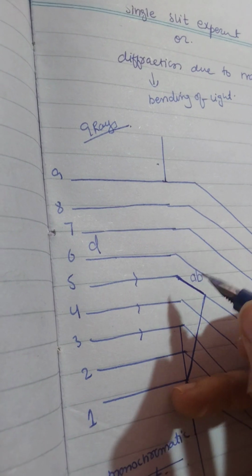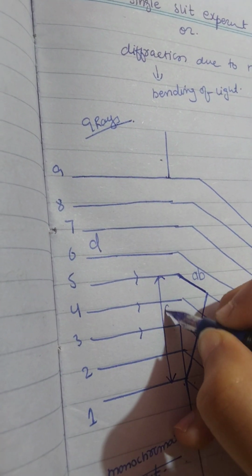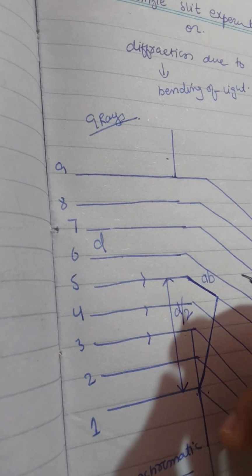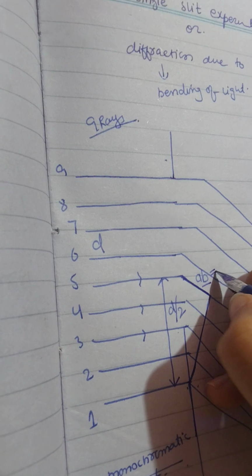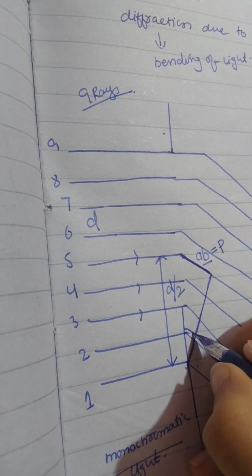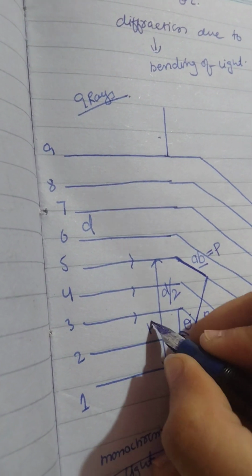So now this whole length is known as D by 2. And this is basically the path difference. It is known as perpendicular. And as you can see over here, we have this theta. This is our base and this is our hypotenuse, right? So let's just discuss the derivation too.